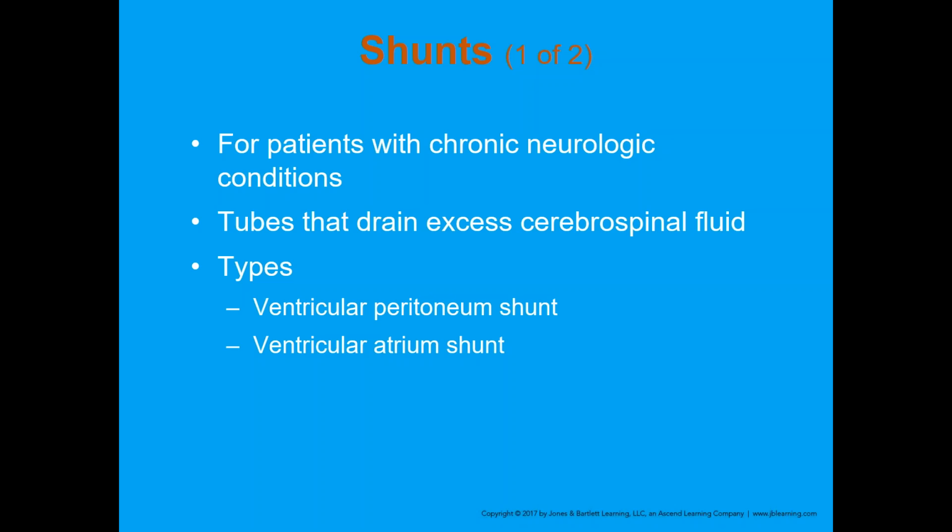The peritoneum one drains the CSF from the ventricles of the brain down into the peritoneum of the abdomen. So it takes it all the way from the top to the belly. And then the atrium shunt, if you remember our anatomy from the heart, takes that fluid and places it into the right atrium.